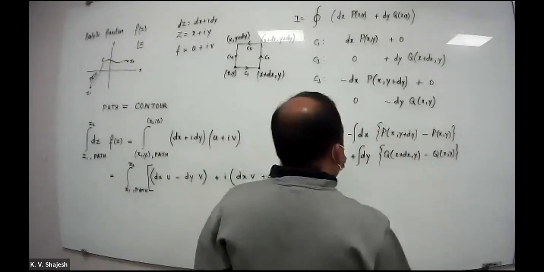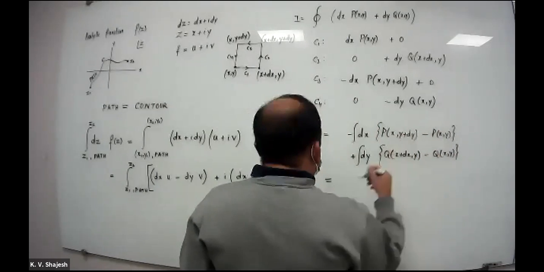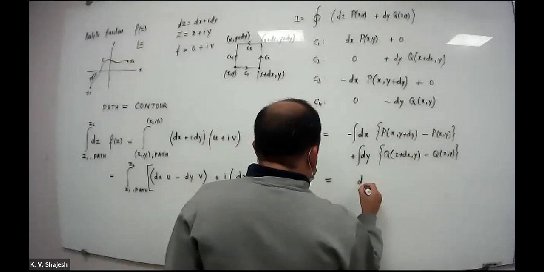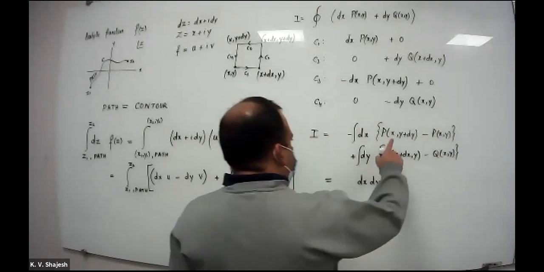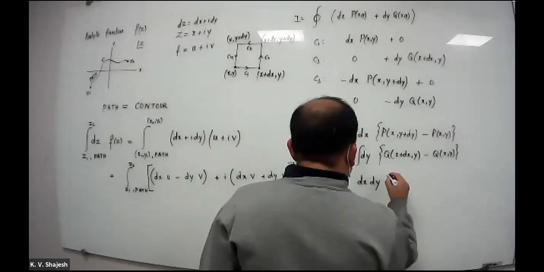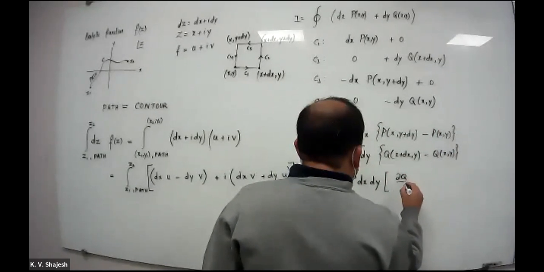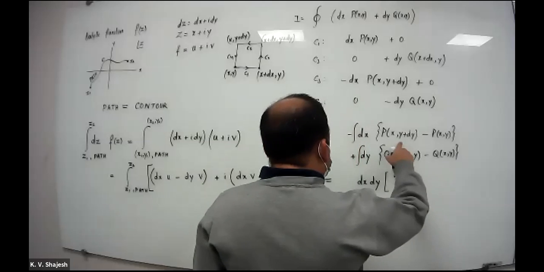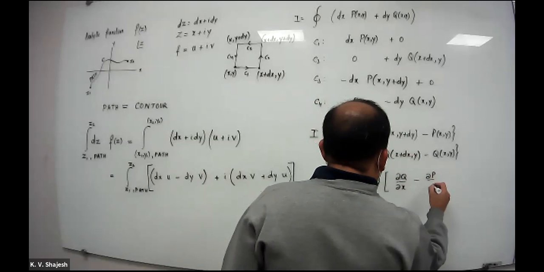But this one can be expanded. When I expand, the leading order cancels out. And what I have is dx times dy of, let me write the q function first. This is dq by dx. And here it is negative. This is dp by dy.